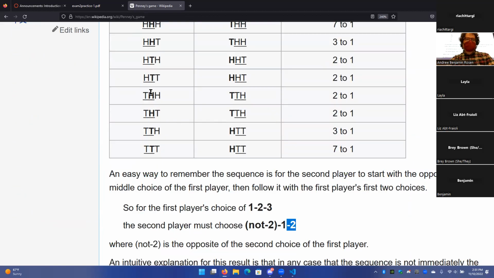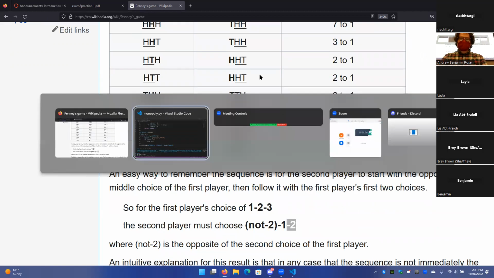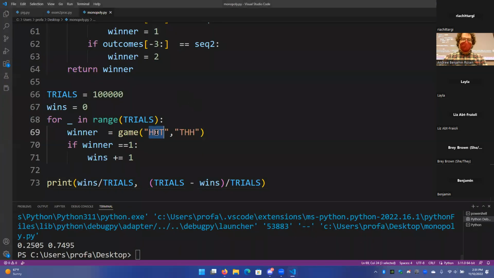So if you choose head, tail, tail, I'm going to choose head, head, tail. And we can see how lopsided this game can become by doing this. Again, you can completely skew your opponent's chance of winning by getting it down to 1 in 8.